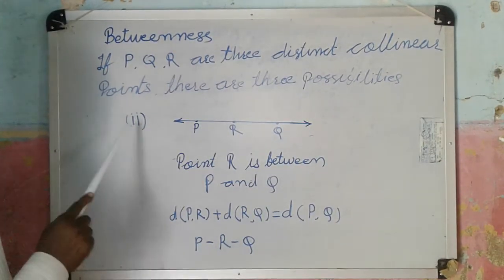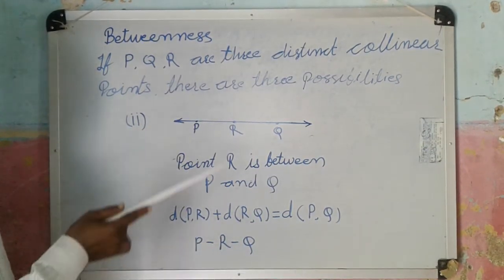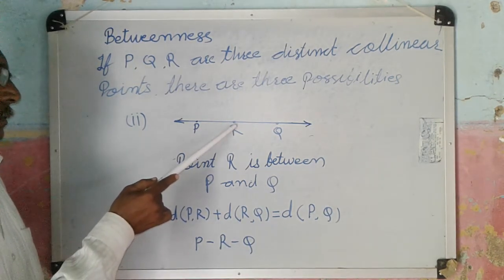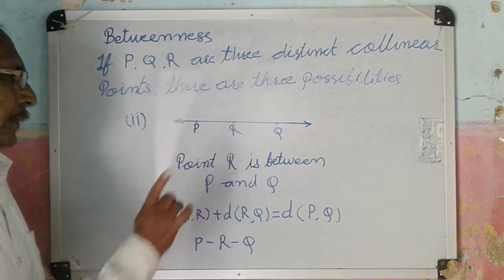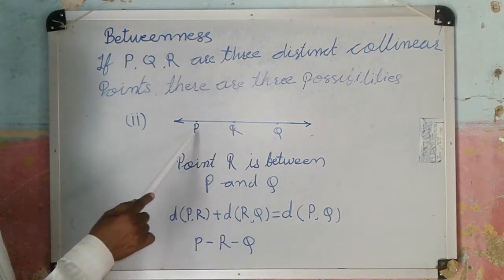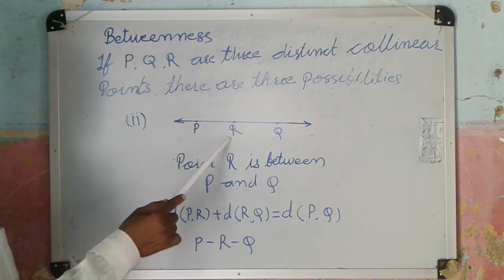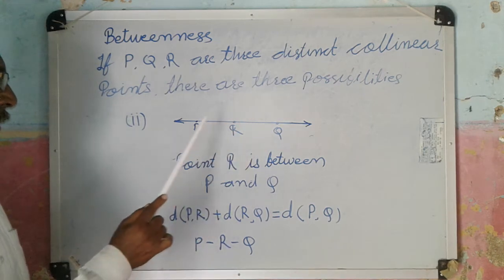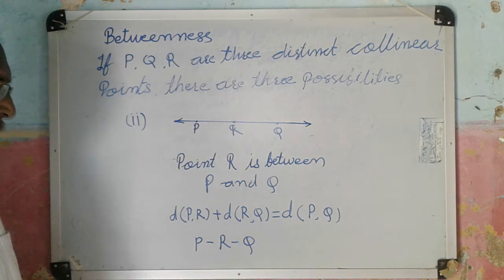Now possibility 2. Point R is between P and Q. That means distance of PR plus distance of RQ is equal to distance of PQ.